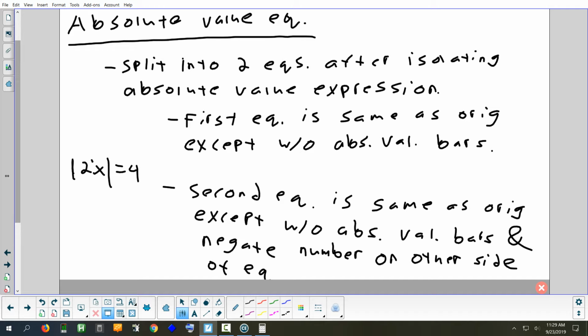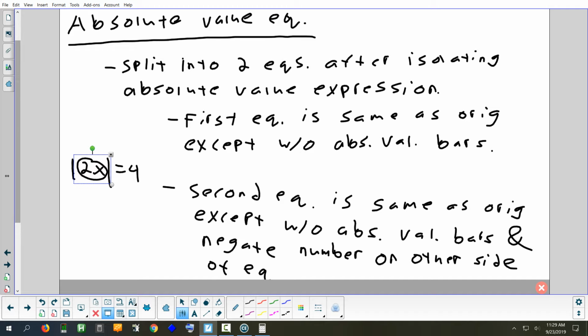What's inside here could come out to 4, and that would be a correct value for x. Or what's inside there could come out to -4, and that would also be a correct value for x. So 2 and -2 are the answers to that problem. Because once you take the absolute value of it, either way, it would come out to 4.